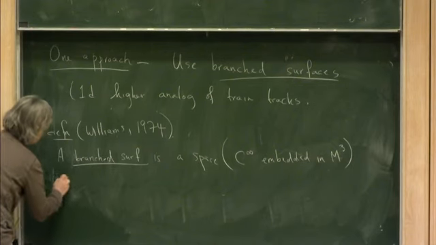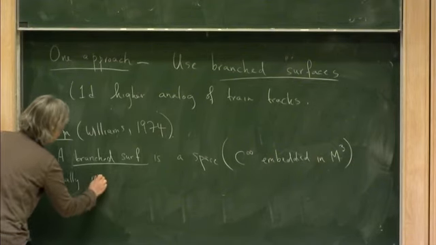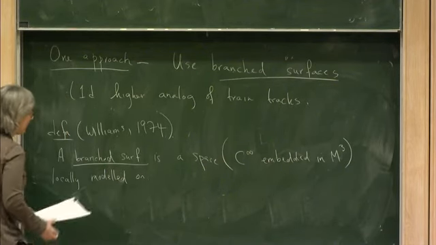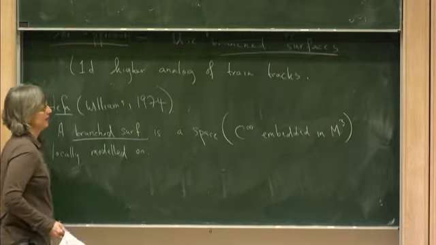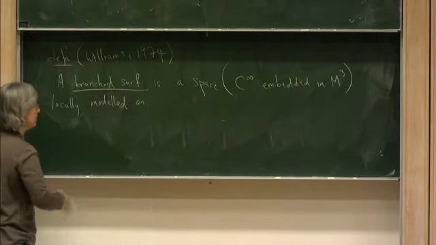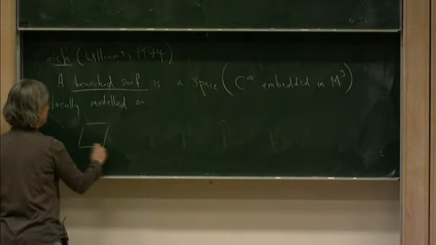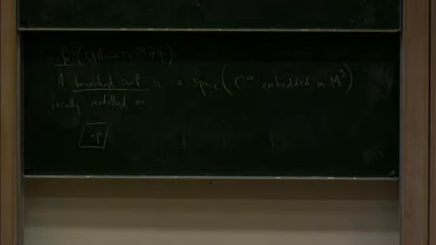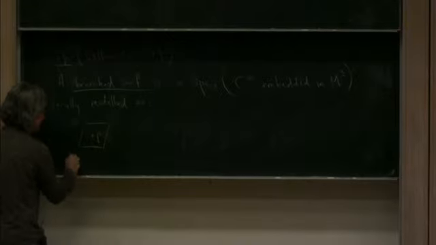Locally modeled on one of the following. So I give you a point P, and I say, well, what does its neighborhood in this space look like? Well, most of my points are just surface points. So I could have a neighborhood that just looks like a plane. So in this case, P is just called a regular point.